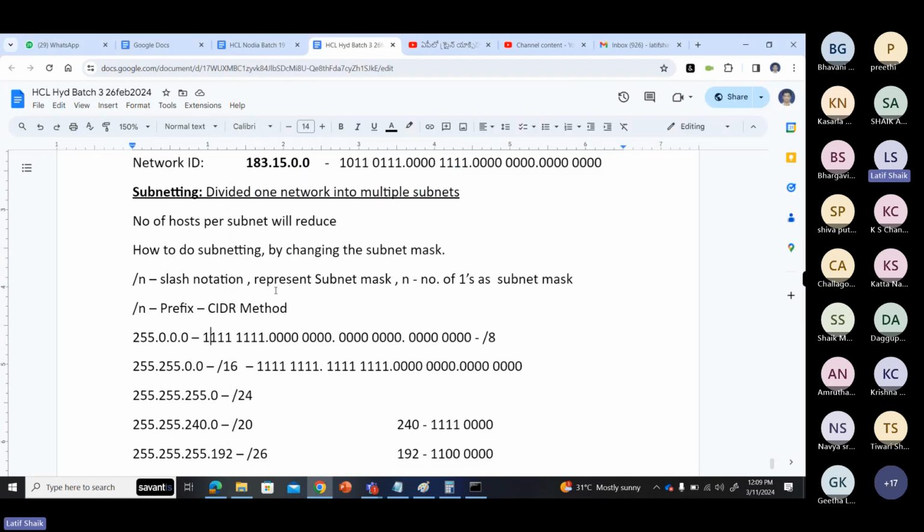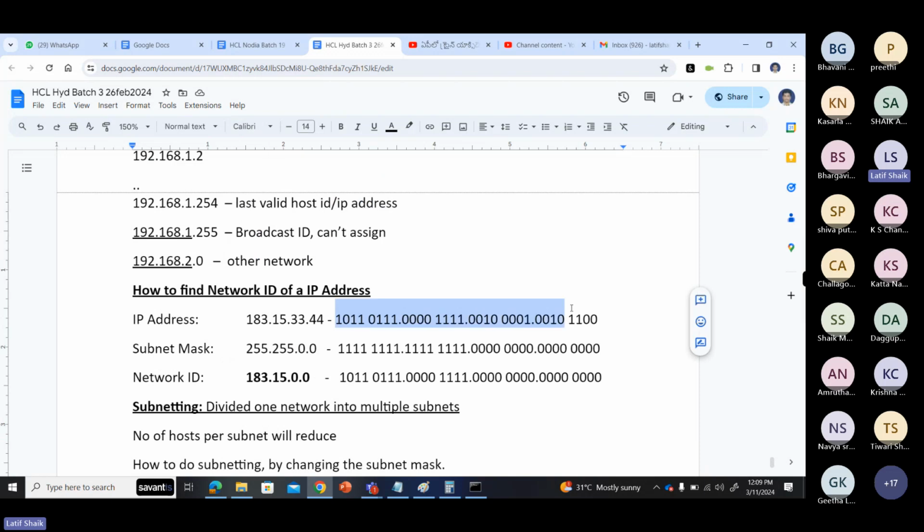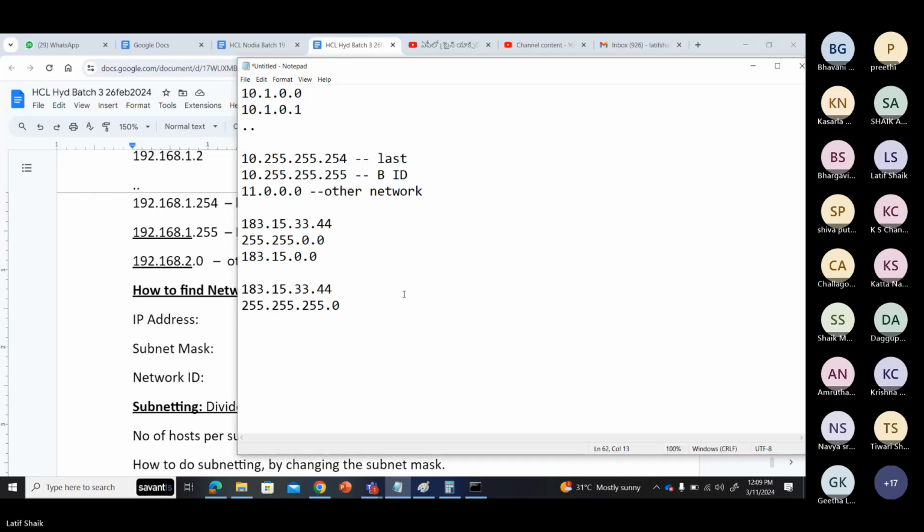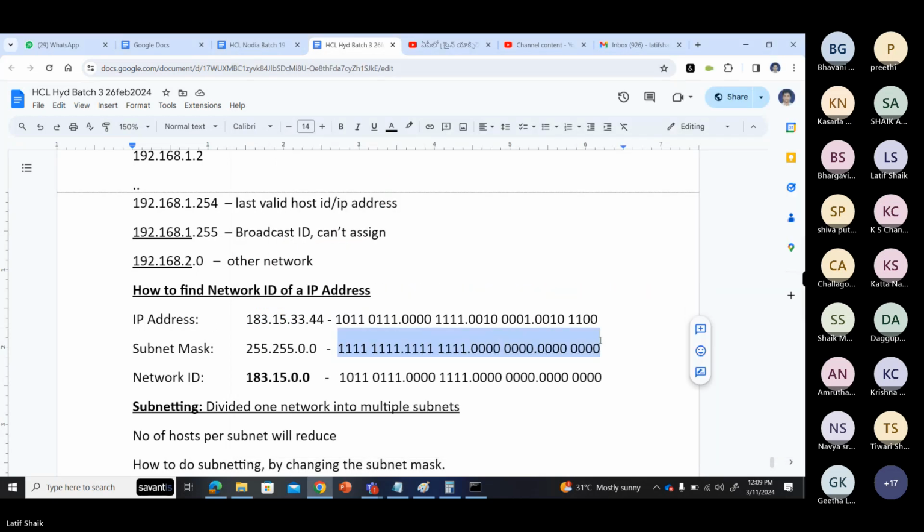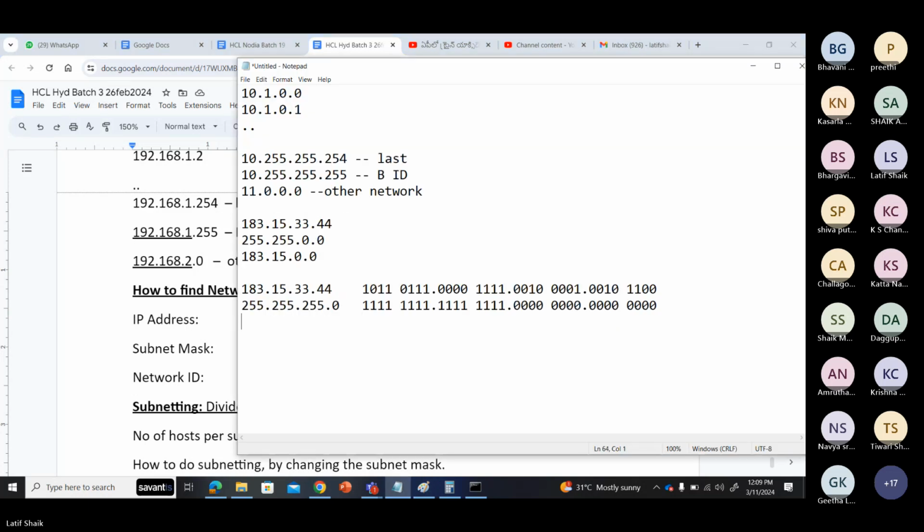Somewhere I have written this in binary. If you do the AND operation, you will get almost up to here.